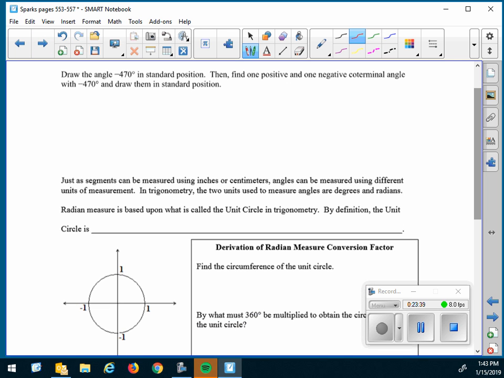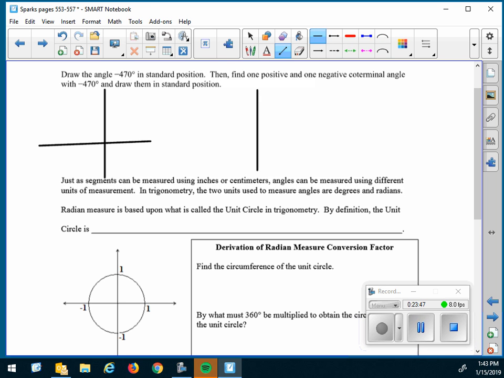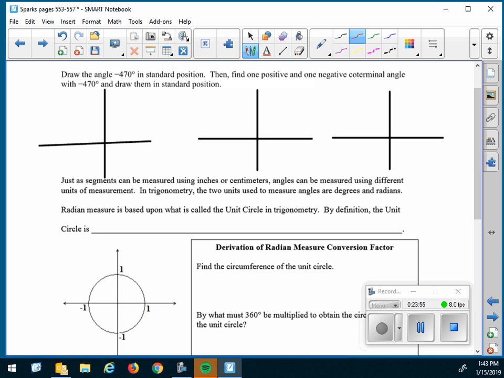All right. Draw the angle negative 470 degrees in standard position. Here's what you're going to do. You're going to have three angles here: 1, 2, 3. We're going to draw negative 470 degrees in standard position. Which direction is the rotation going to go? Counterclockwise. No. Clockwise.